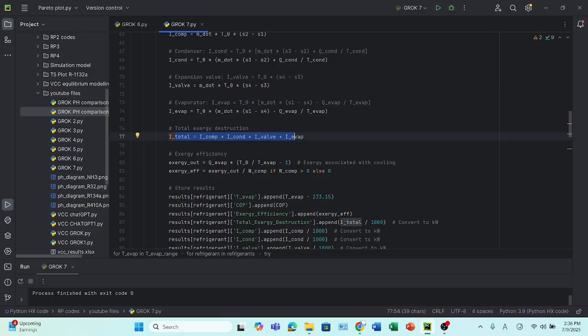So there is an error in this exergy efficiency formula, and usually the exergy efficiency is calculated by total exergy destruction and the total work. But here it has taken this term exergy out, which I think is not correct. So we have to modify this exergy efficiency formula. Well, let's see.